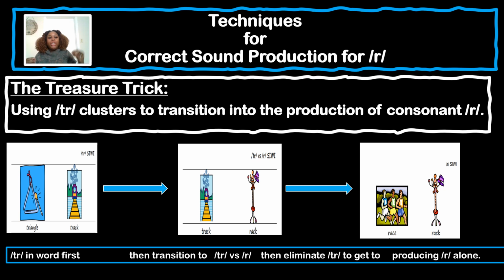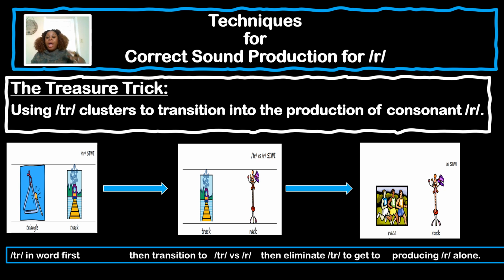You don't really get a true T sound in the TR, but by saying TR, that CH sound at the beginning makes it easier for the child to curl the tongue to get R. So they're telling you to start with words like triangle, track, tree, or train to teach a child the R sound.